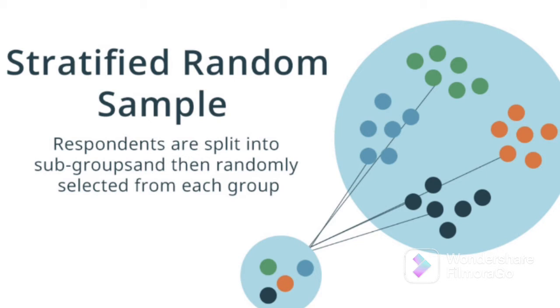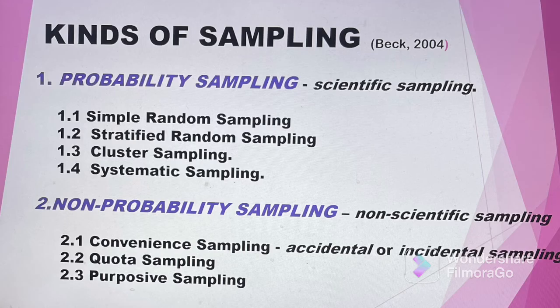So out of the 1,000, you can have the second level. Out of the 1,000, you can draw about 500 elements. And out of the 500 elements, you can finally get the 200 elements, which will be the number of participants as your sample size. We call that stratified random sampling. There are stages that you have to observe.